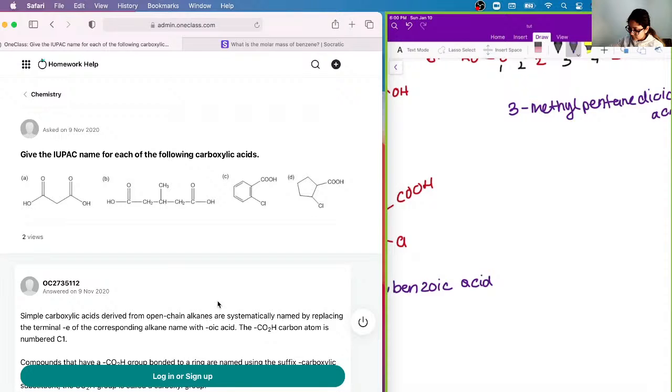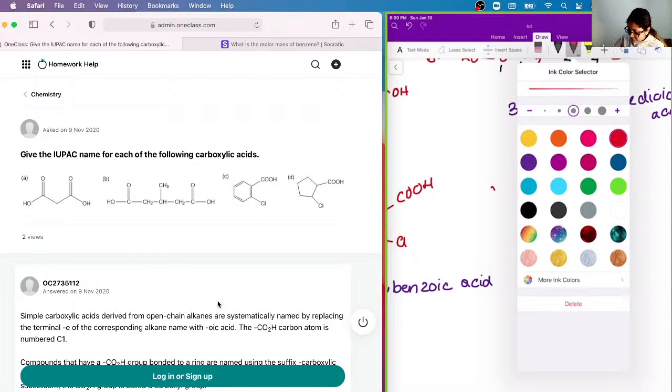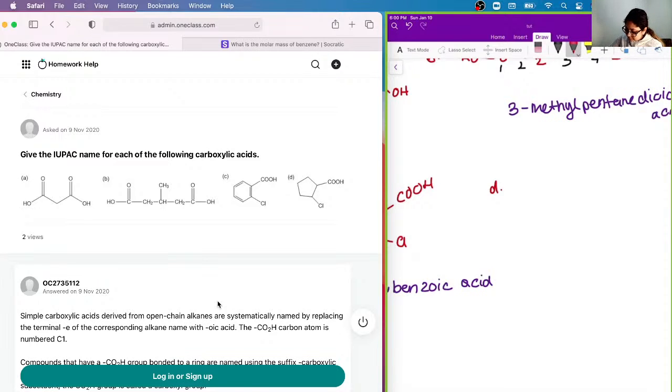And now for D, we have this pentene ring with COOH.